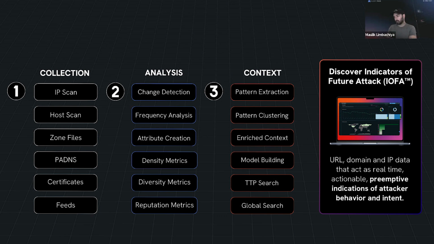Now, where Web Scanner comes in is how we're able to gather more data on those IPs and domains that we collect. We're sending all of them to a separate set of infrastructure that we manage that does endpoint scanning against them. We do that across 10 to 15 different ports, specifically so that we can stay stealthy.